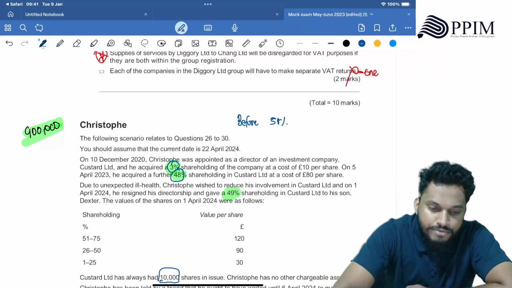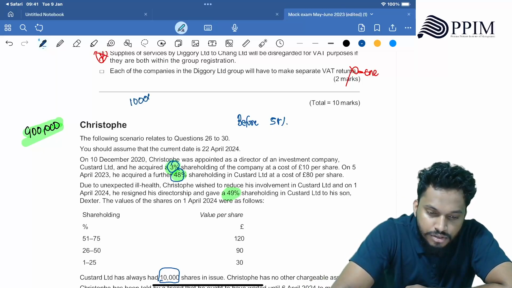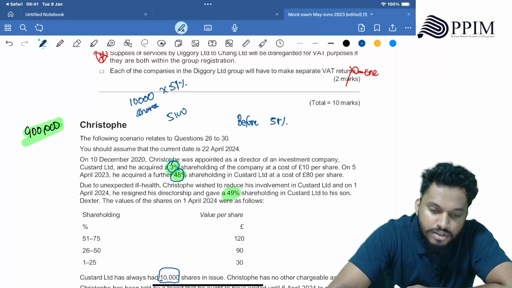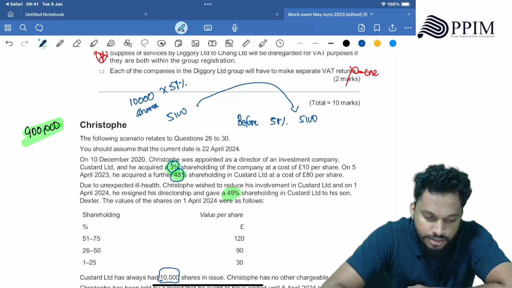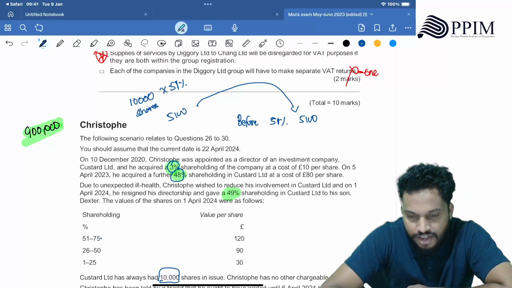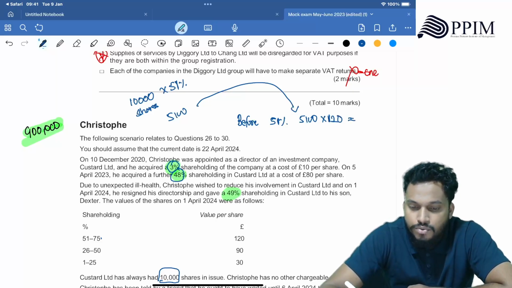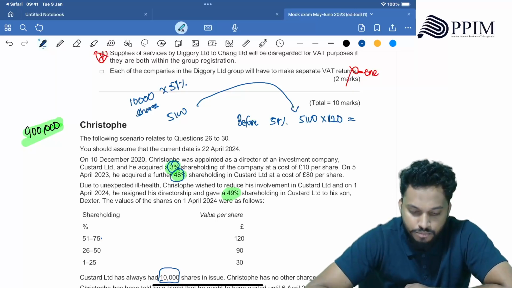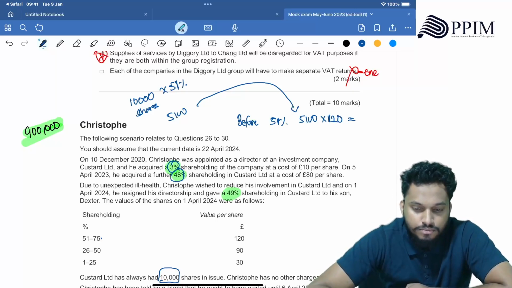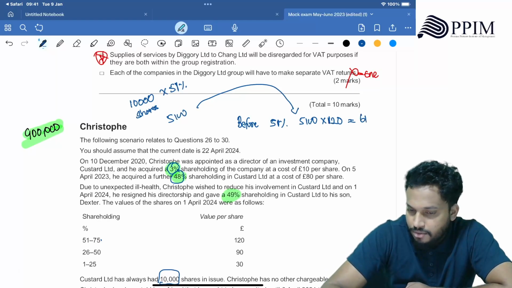Of 10,000 shares, if you are buying 51%, you have 5,100 shares, isn't it? That falls between 51 to 75%, so the value per share is £120. 5,100 into 120 is how much? 612,000.